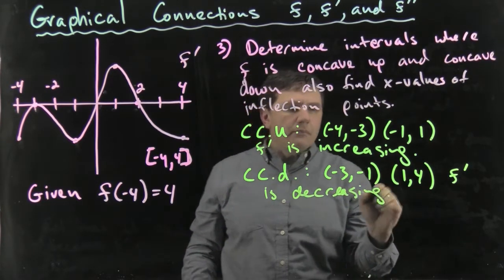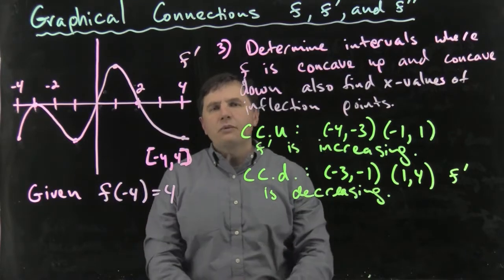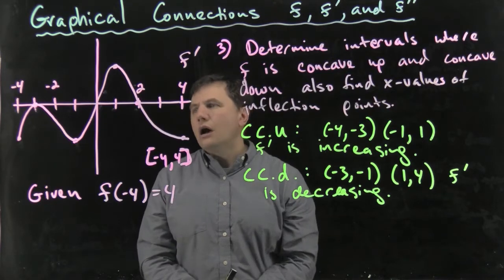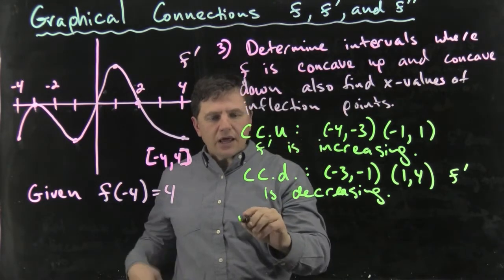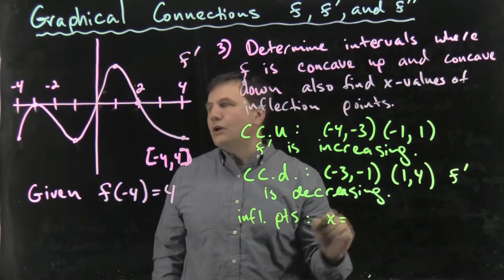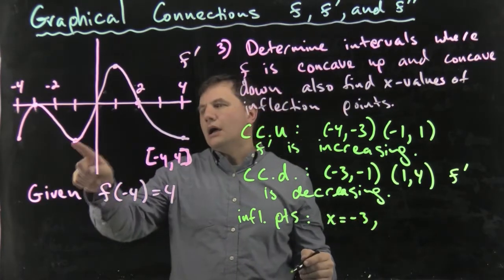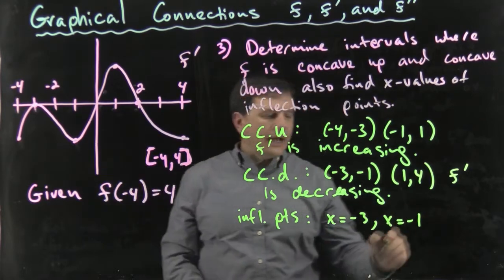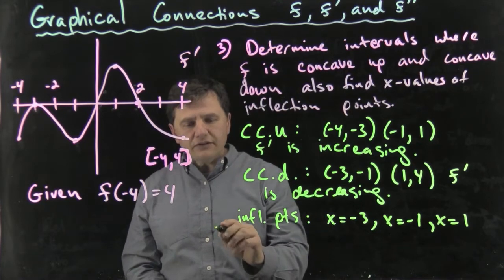Okay, so those are our intervals of concave up and concave down, and now inflection points come right from that, because anywhere we have a switch from concave up to concave down, what we have is inflection points. So concave up, concave down, and then that means we have inflection points at x equals -3, x equals -1, and x equals 1.